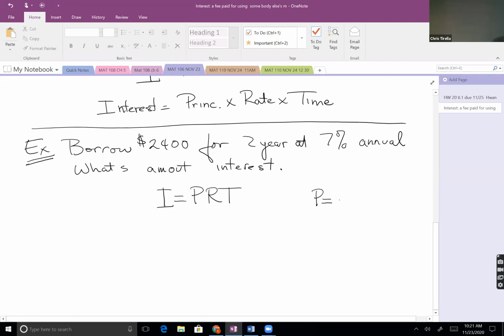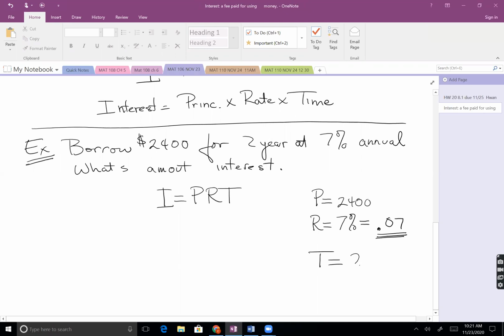So P, what's our principal here? 2,400. 2,400, beautiful. What's our rate? 7%. 7%, but remember we want to write that as a decimal, 0.07. That's what we'll use. And what's our time? 2 years. 2 years.